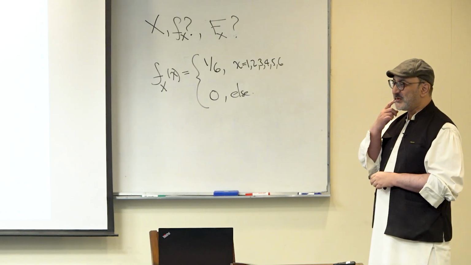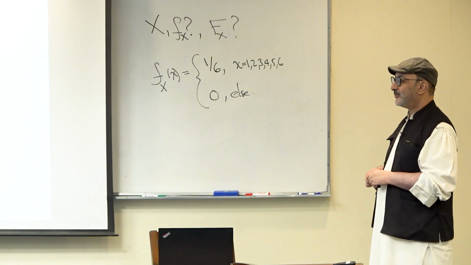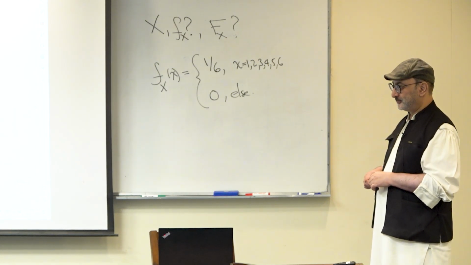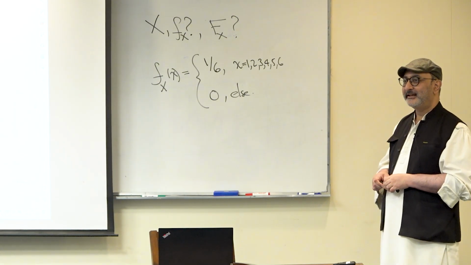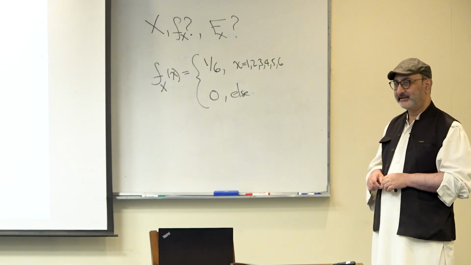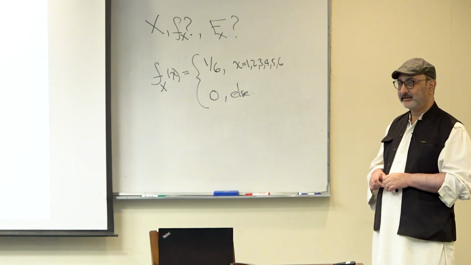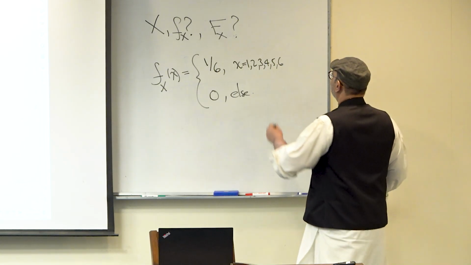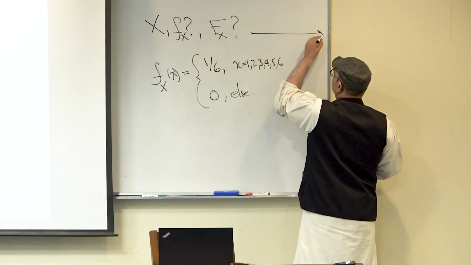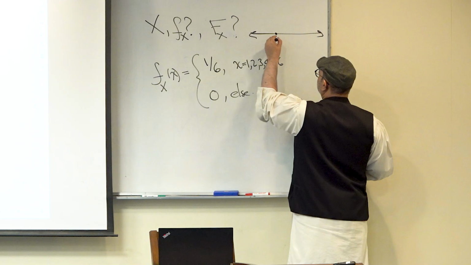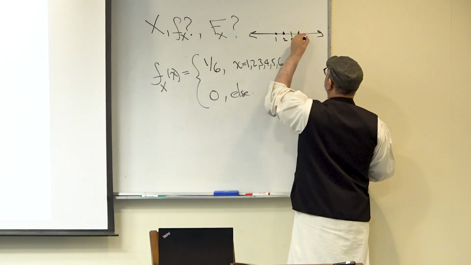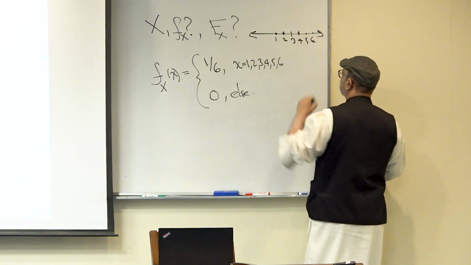Now how do I find the CMF? You have to have separate functions, where we start with probability 0 for values of x less than 1. Right. Okay, so let's start by considering that it's taking values 1, 2, 3, 4, 5, 6.